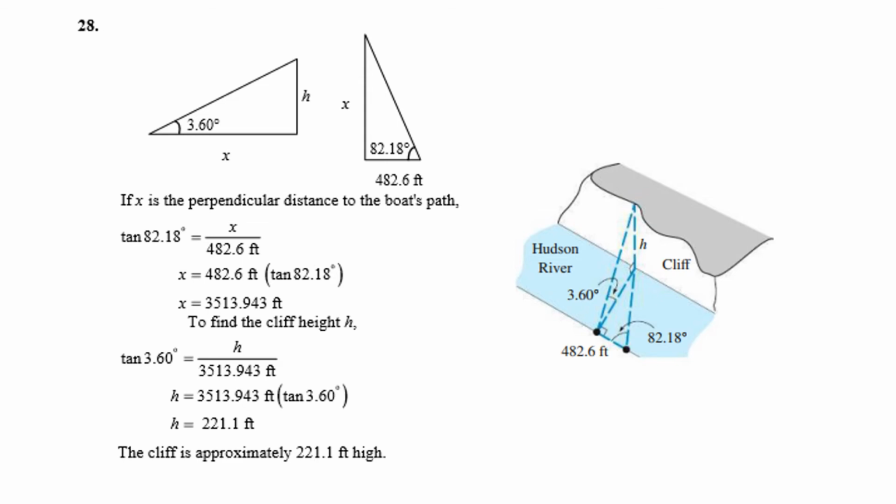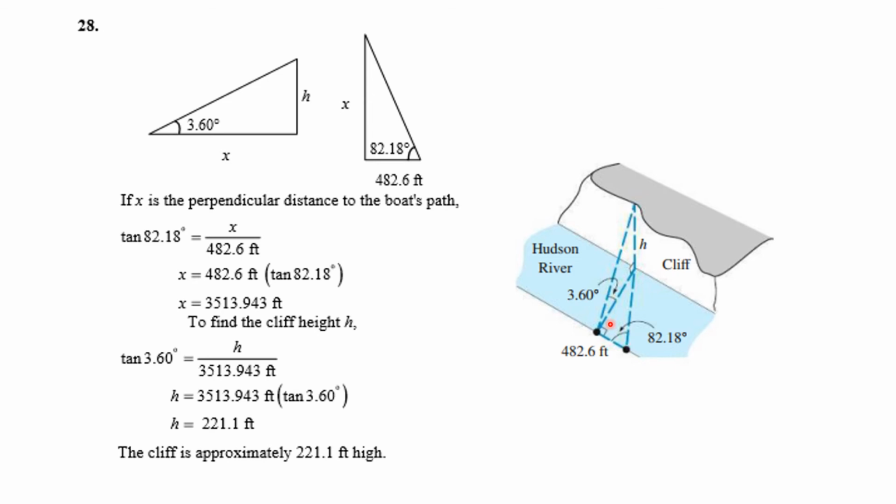So what we're doing is looking at this triangle right here. That means that x is, I multiply both sides by 482.6, times that tangent, and I get x. So that tells me what x is.